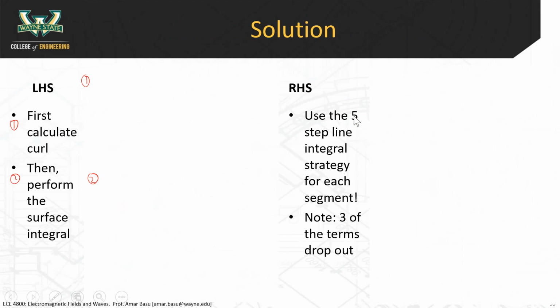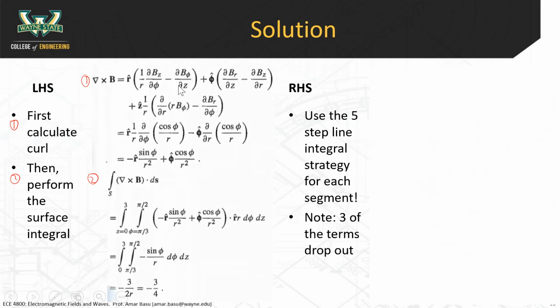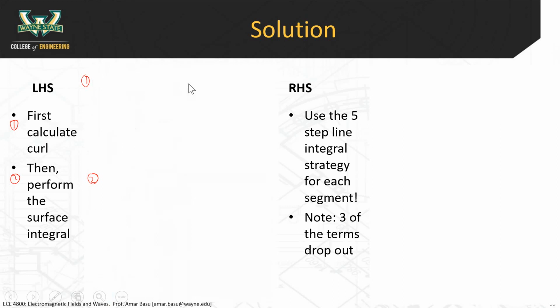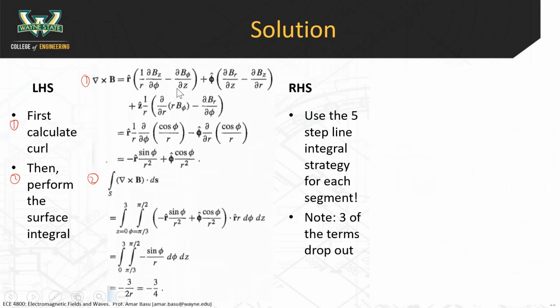Okay? And then the next part here is dBphi/dz. And of course this comes out to 0, right? Because B phi has no z dependence, this term becomes equal to 0. So this is how you go about doing these types of problems.